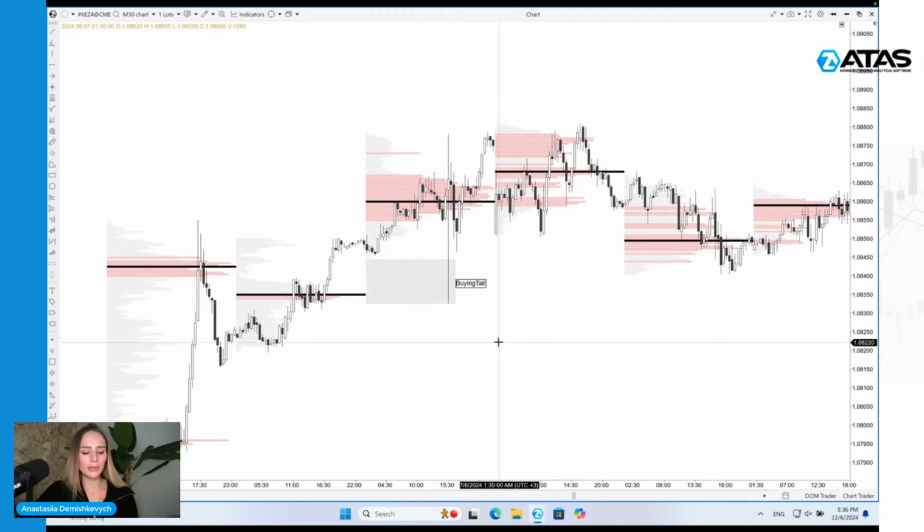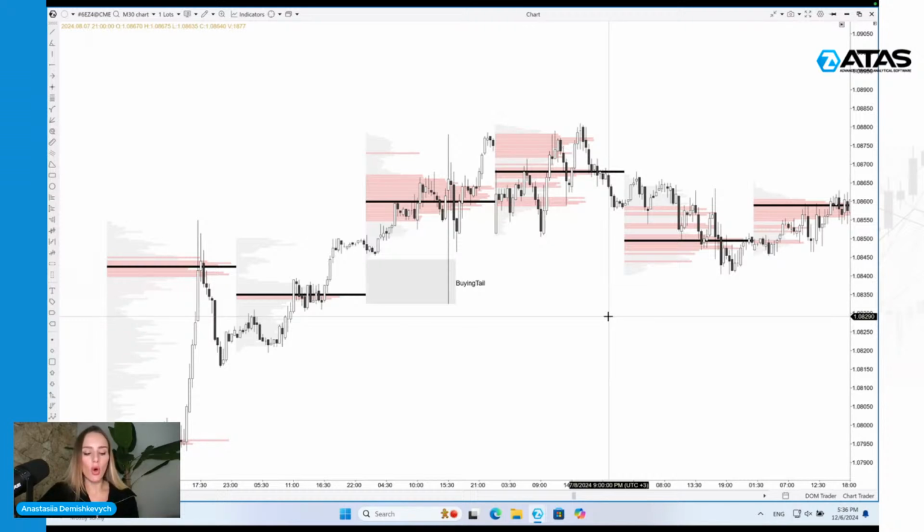Now, why I'm explaining buying tails and selling tails is because we're going to need them for the next setup that we're going to discuss, right? The setup that is called the reversal at the extremes, or delta reversal, however you want to call it, doesn't make any difference, right? This setup is based on analyzing how major market participants react at the extreme price levels.